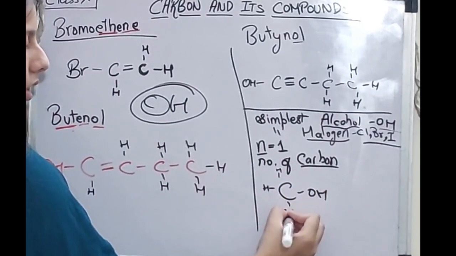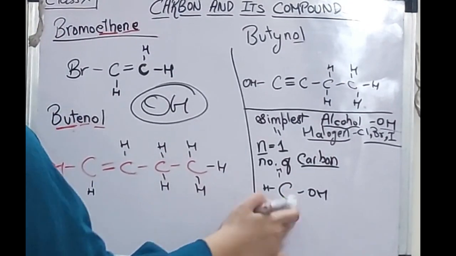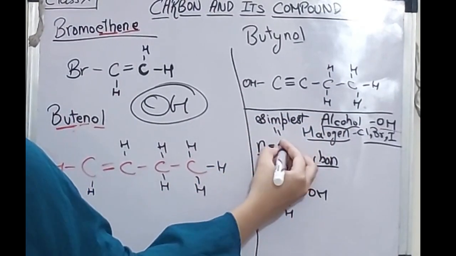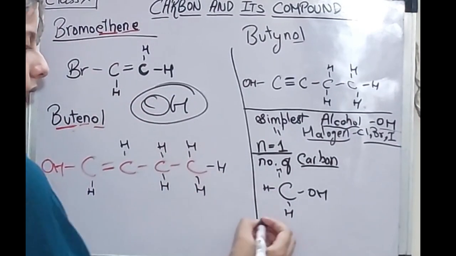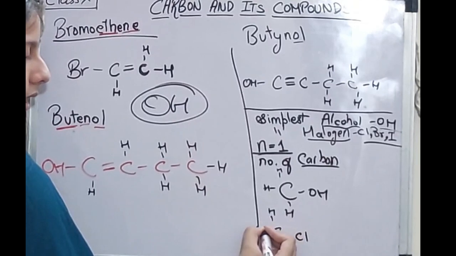Obviously this is how you will do it. Similarly for the simplest halogen, again you will take the value n as 1. Number of carbon 1, then Cl and then fill the valency.